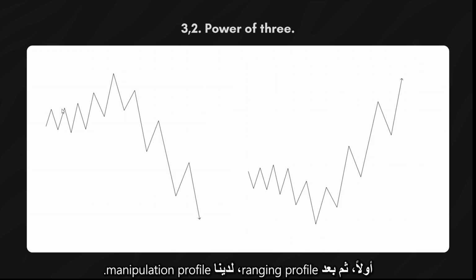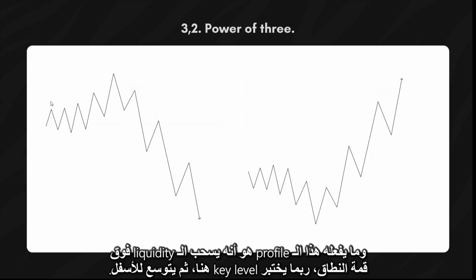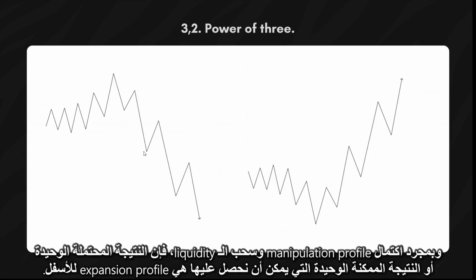Then after the ranging profile, we have a manipulation profile, which takes our liquidity above the range high, maybe the tested key level here, and then it expands lower. And once the manipulation profile is completed and liquidity is taken out, the only likely outcome that we can have is an expansion profile lower.